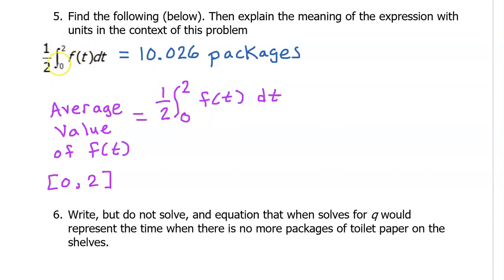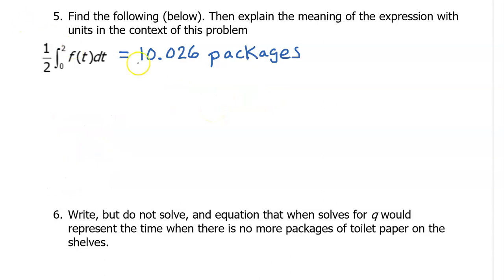So what we're looking at here is the average value of f of t. Actually, my units are wrong because this is the average value of f at t. And f of t is the rate at which packages are removed from the shelf. So we're talking about the average value of this rate, which is in packages per hour.